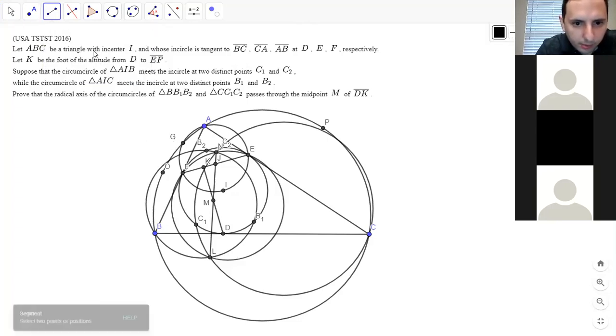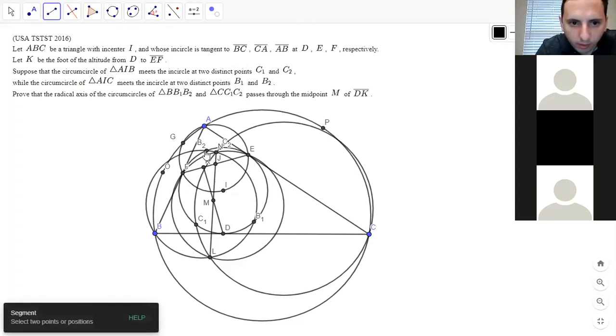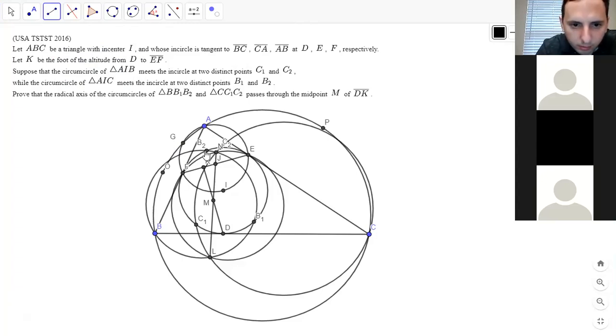EF, B1, B2, and so AI and I is EF. EF, AI, and B1, B2 concur. Okay.